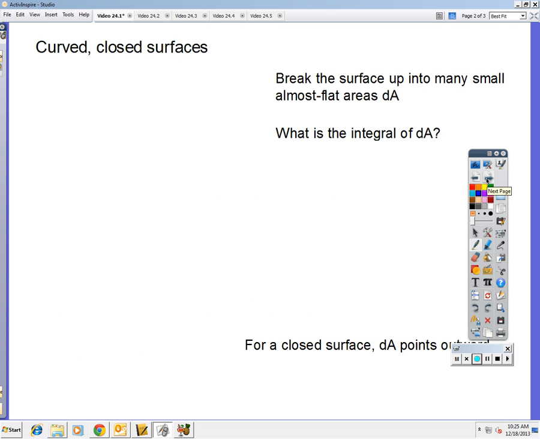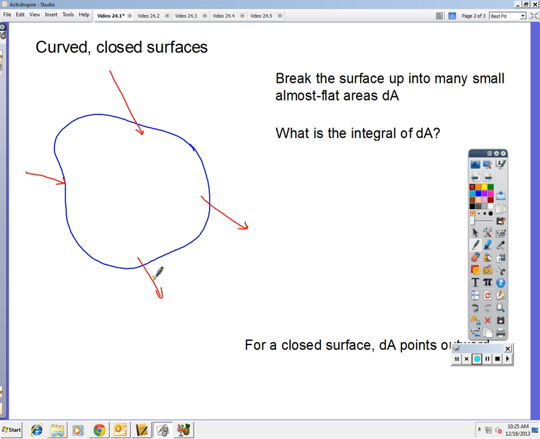Now, most of the time when we're using Gauss's law, we're going to be using closed surfaces, meaning they enclose an area of space. Also, most of the time, those surfaces are going to be curved, not flat. So let's say we have some amorphously shaped three-dimensional closed surface. And it has field lines that go in, come out, go in, come out, at different spots.